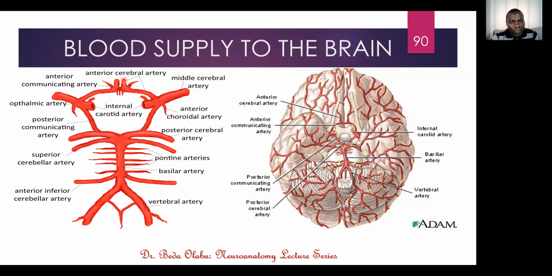This is one of them, anterior cerebral artery. This is the second one, middle cerebral artery. And this is the third one, posterior cerebral artery. Those are the ones that supply the cerebral cortex, and those are the ones I'm interested in at this point in time.